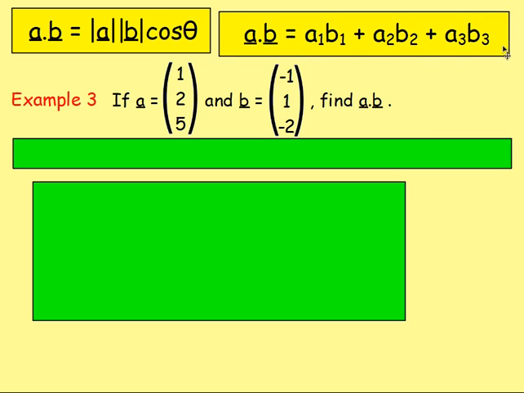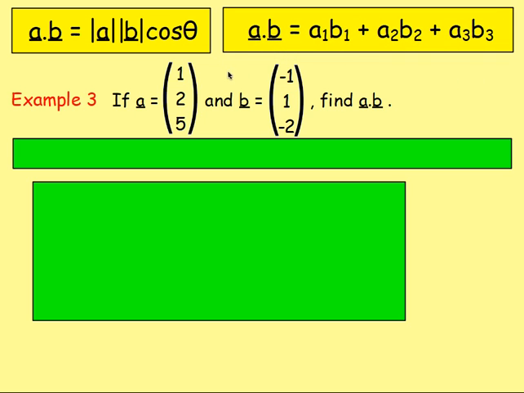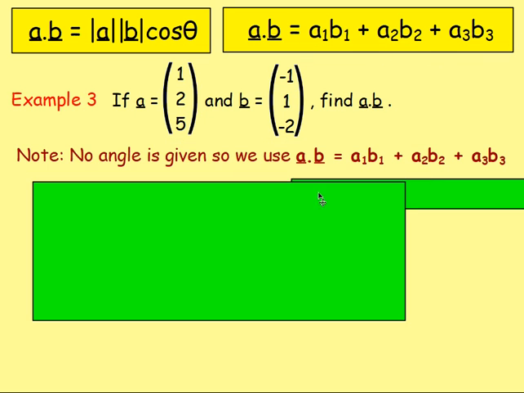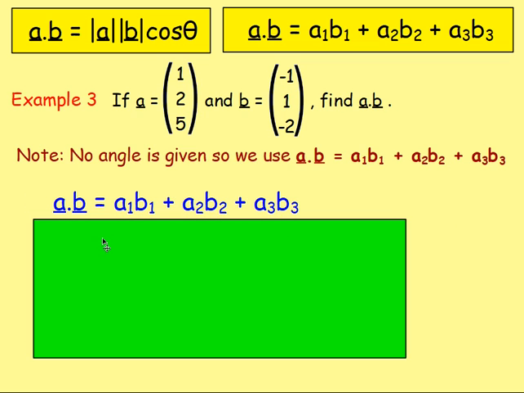And this is really the one you would use if your vectors were written in component form, because you're just multiplying the first two components, multiplying the second components, multiplying the third, and then adding them all together. So in this one here, as it says, no angle is given, so we have to use the second formula. From that then, you would have a dot b equals a1 b1 plus a2 b2 plus a3 b3.